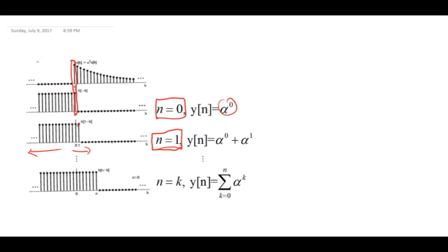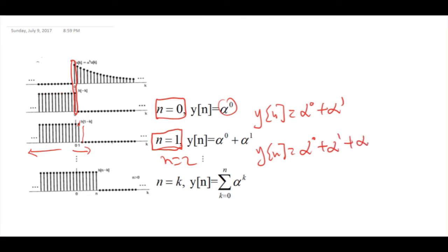So we have another overlap here. So y[n] will become alpha naught plus alpha 1. When n is equal to 2, then we have one more overlap here. So y[n] will become alpha naught plus alpha 1 plus alpha 2.